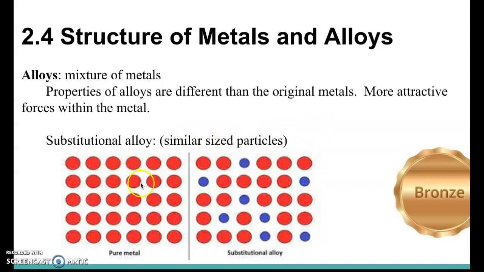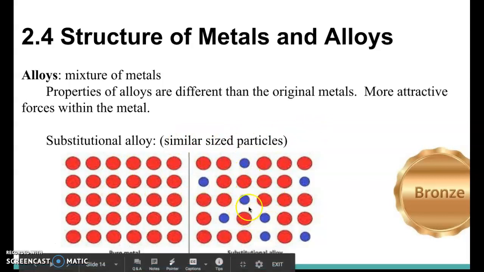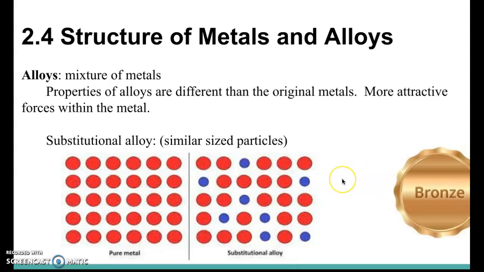You take the pure metal right here, and then you take some other atom that has a similar size, and you heat them together, and the atoms will replace one of the original atoms in the structure. An example of that would be bronze, a mixture of copper and tin, which both have similar sizes.